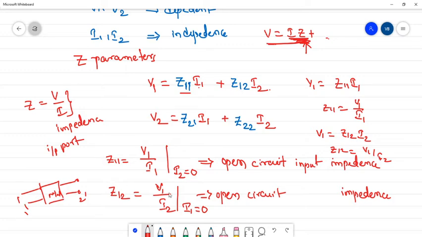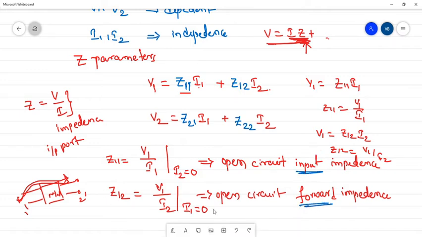First we take the numerator as input, transmitting from input to output, always from input to output. This is a forward direction, so this is called forward impedance. This is input impedance and this is forward impedance.